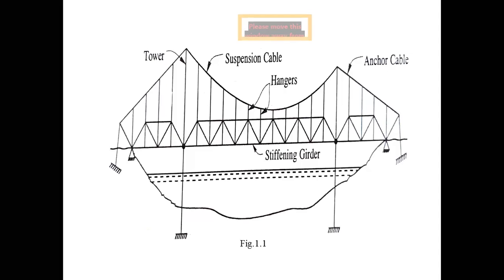A symmetrical suspension bridge is formed by a set of 2 cables.